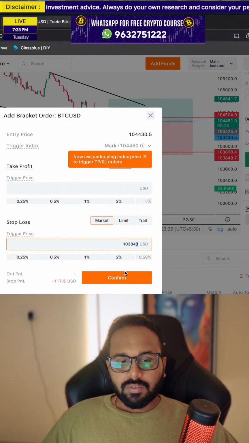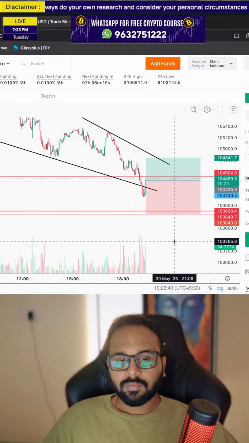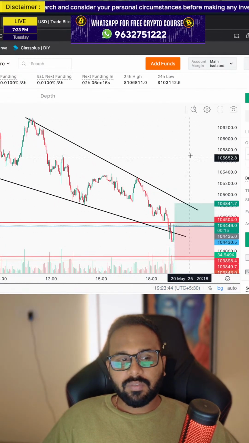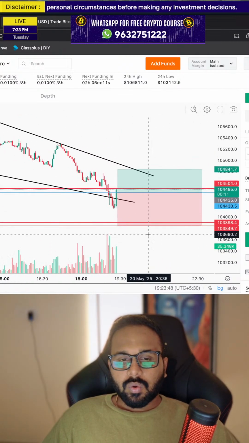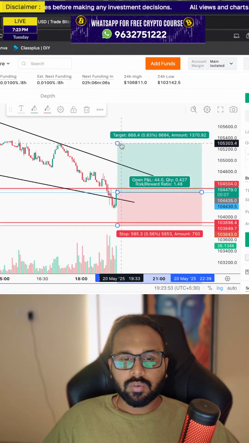So what do I have to do about that? The market is forming a falling wedge. Falling wedge is a bullish pattern. So here, this setup is at least up to the zone.